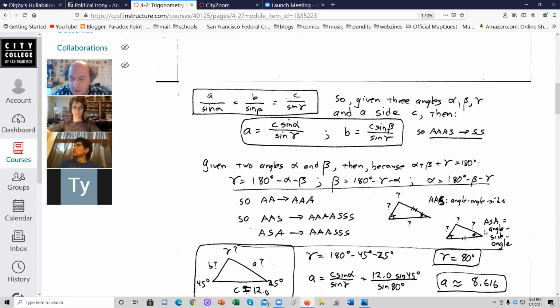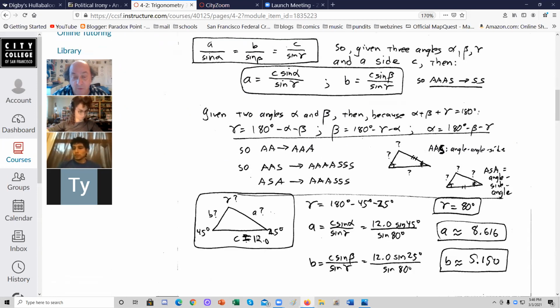Okay, fine. So we can solve angle angle side problems given 2 angles and a side. We can also solve angle side angle problems. So, for example, we have a triangle with 2 angles, 45 degrees and 25 degrees, and the side in between is 12.0. So what's a, opposite the 45 degrees? What's b, opposite the 25 degrees? And what's gamma, opposite c? First we need to find gamma to get all 3 angles.